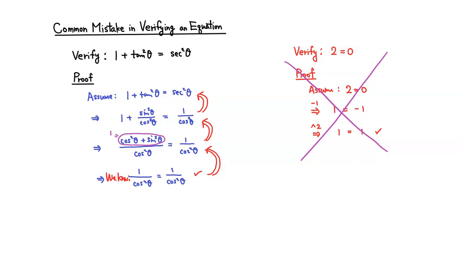For example, we can fix this by doing the following. I'm going to erase "assume." Then I'm going to write the left hand side. So I'm going to start with the left hand side, which is exactly 1 plus tangent squared.